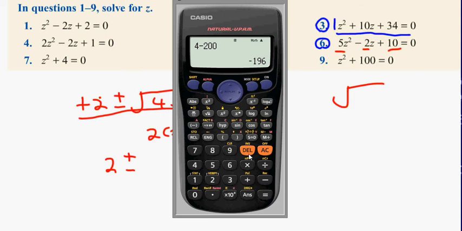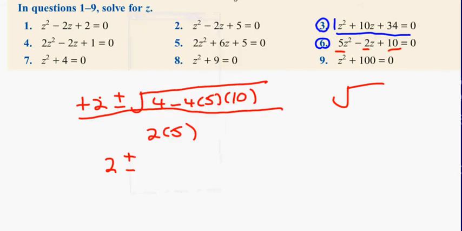4 minus 200 is root 196. And root 196 equals 14. So it's going to be 14i, because root minus 196 is going to be 14i.